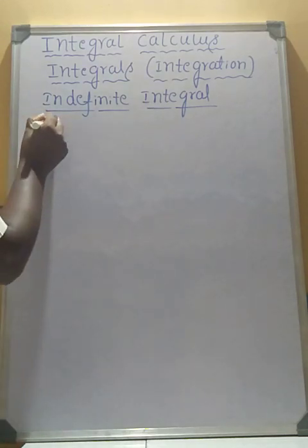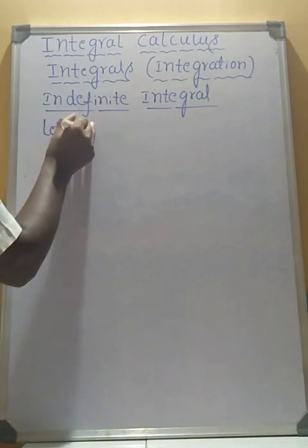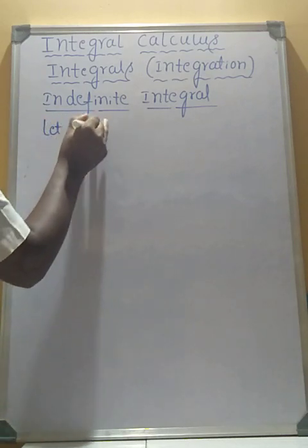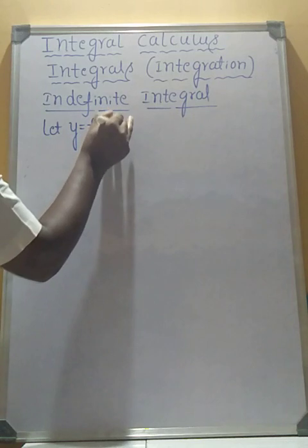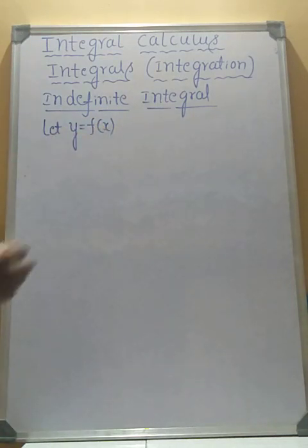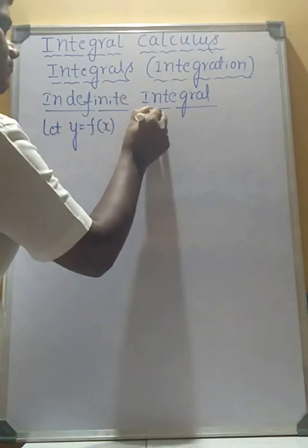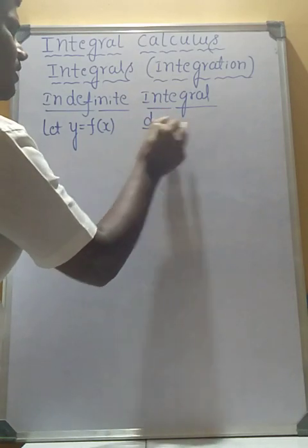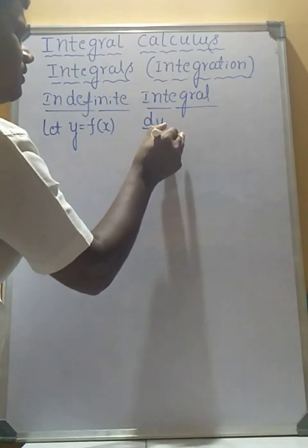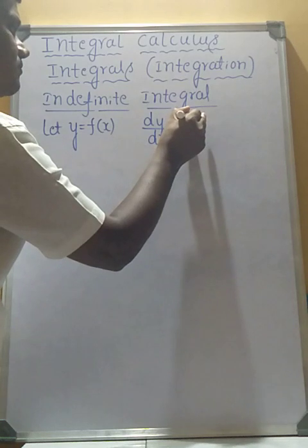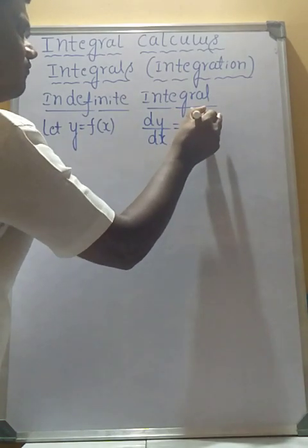Let y is equal to f of x be a function such that dy by dx is equal to f of x.